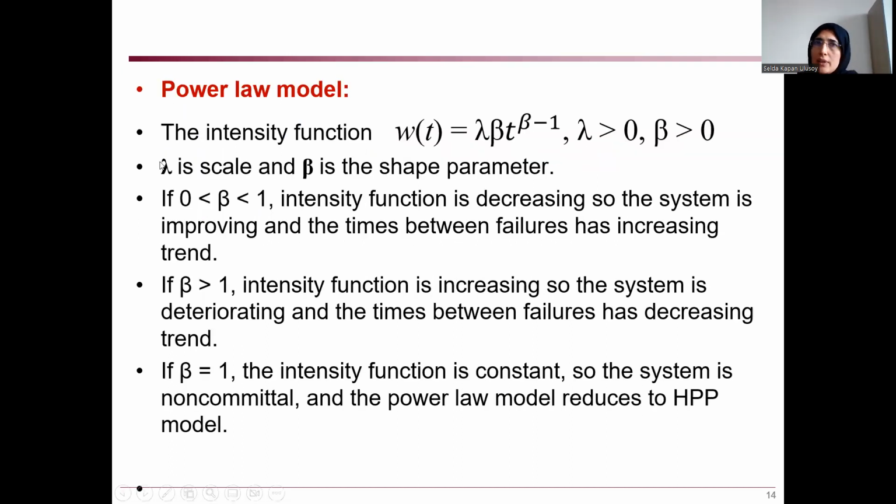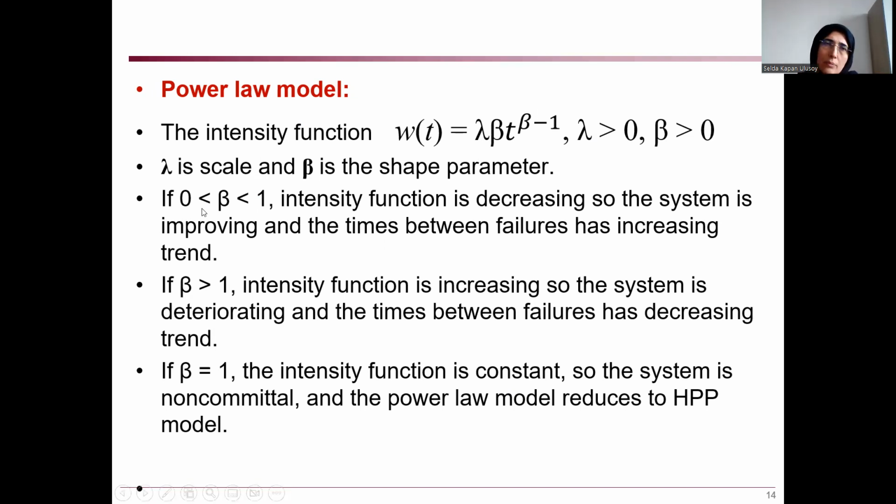Now let's look at the power law model again very briefly. The intensity function is, as you see here, lambda beta t to the beta minus 1. Here, lambda and beta are parameters of this model. Lambda is called the scale, and beta is called the shape parameter. The beta parameter is important because its value tells us about the failure behavior of the system.